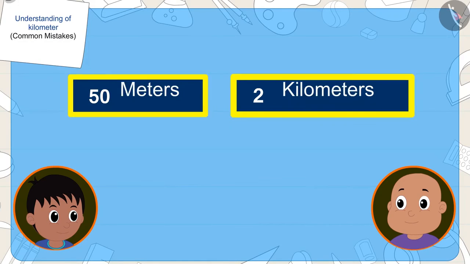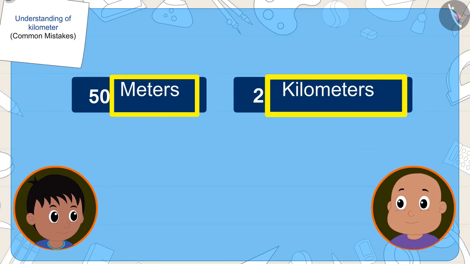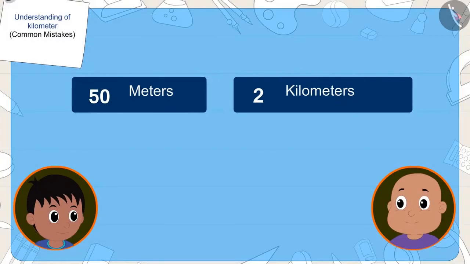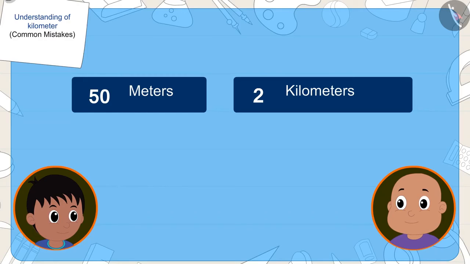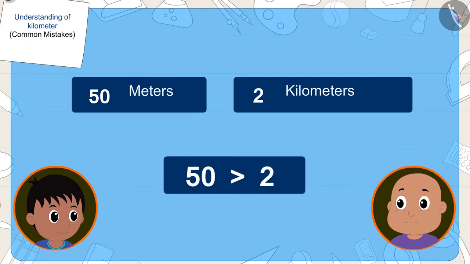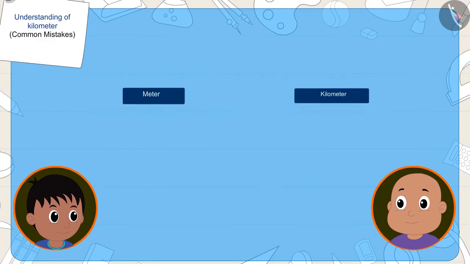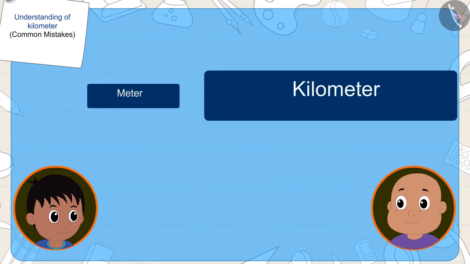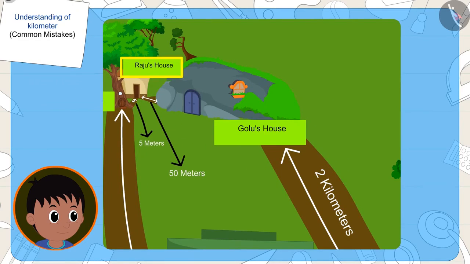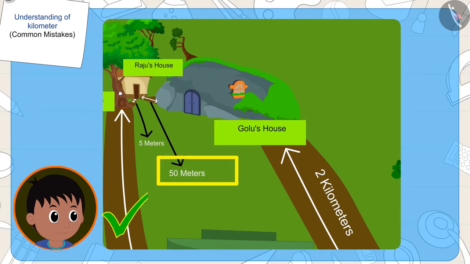But once again, Bablu did not pay attention to their units when comparing the distances. His house is 2 kilometers from Golu's house and Raju's house is 50 meters from Golu's house. Even though 2 is less than 50, because the meter is smaller than kilometer, Raju's house is closer to Golu's house.